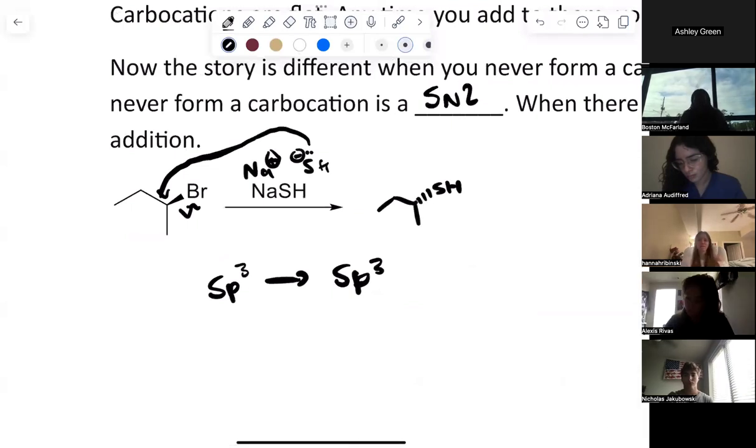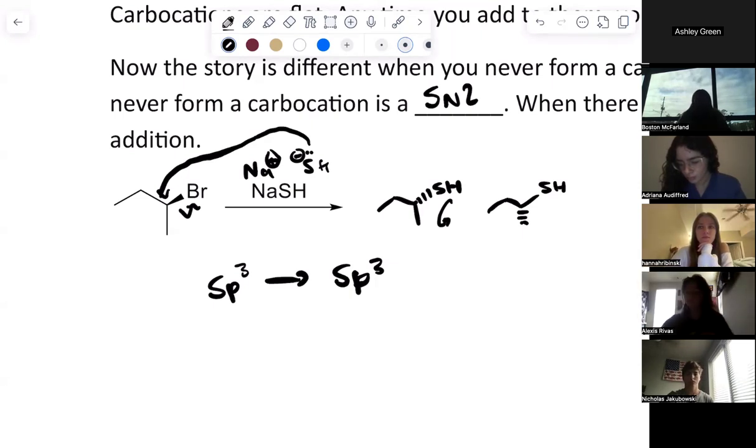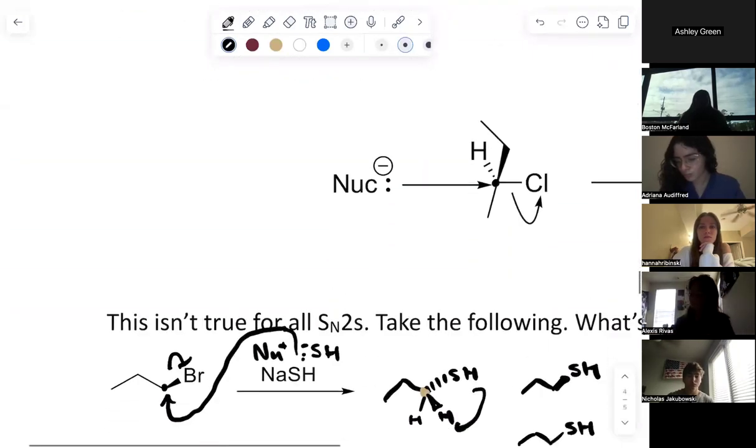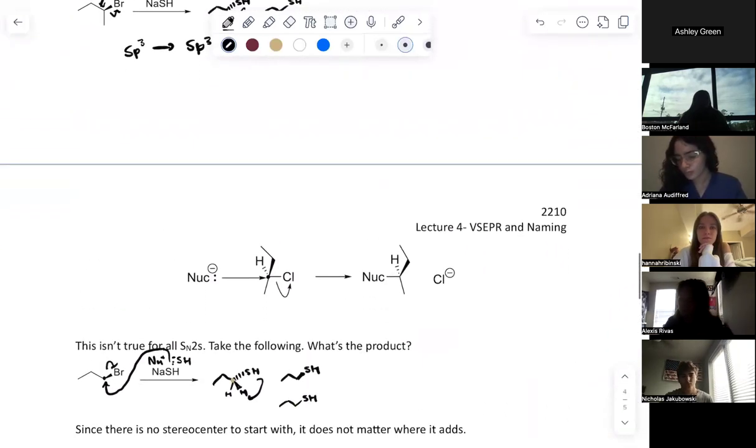If I tried to rotate this sulfur around so it's flat, I would all of a sudden turn that methyl into a dash, right? That would change the other things on the molecule. But down here, it doesn't matter because there's symmetry here. It doesn't matter where the hydrogens are because they're the same things.